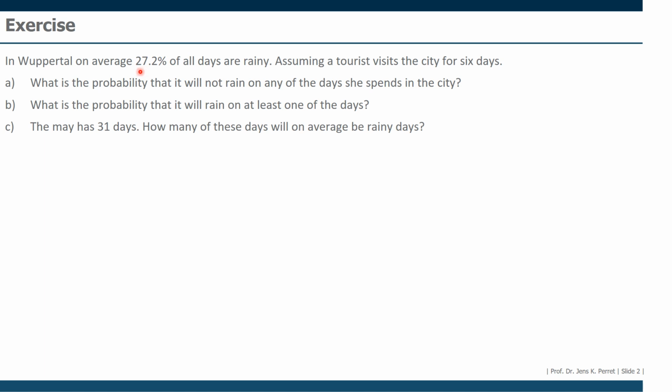So this chance of having a rainy day remains fixed. Whenever we have a fixed probability of an event occurring, then we're working with the binomial distribution. Well, with this in mind, let's hop right into it and start with part A.